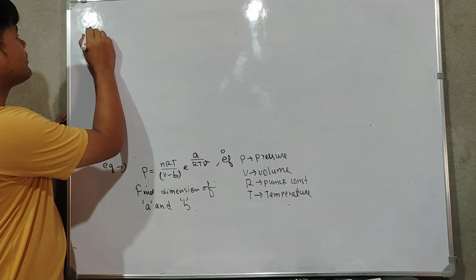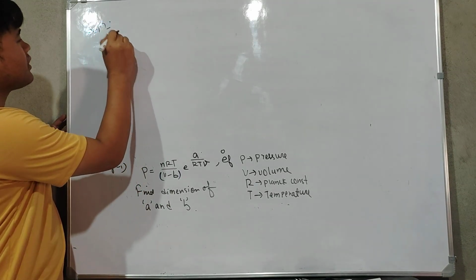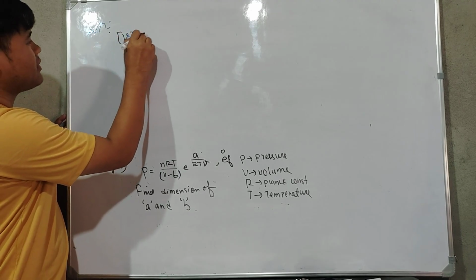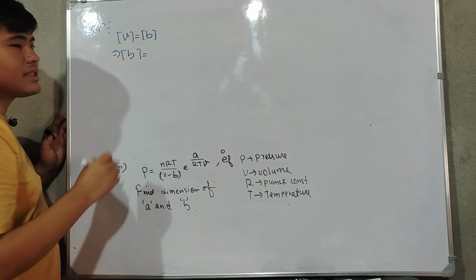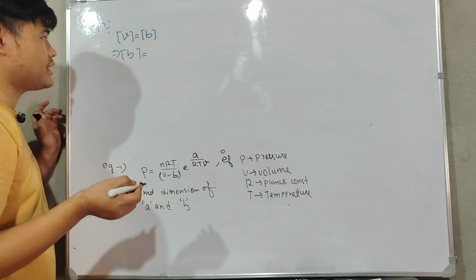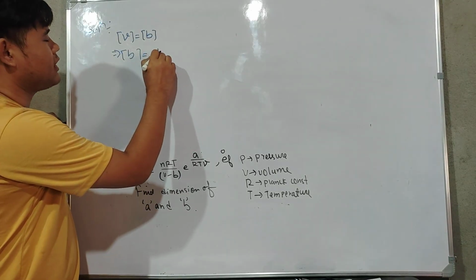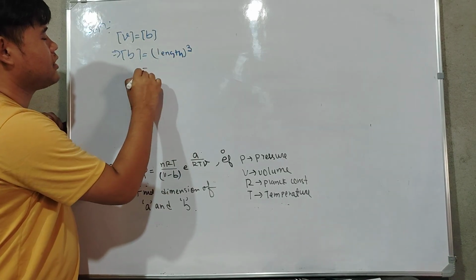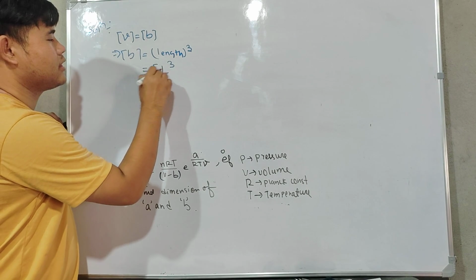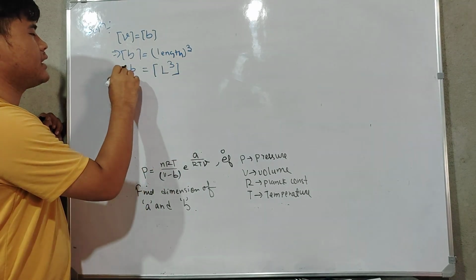Volume means length into breadth into height, so it will be length cube. This is the dimension of b.